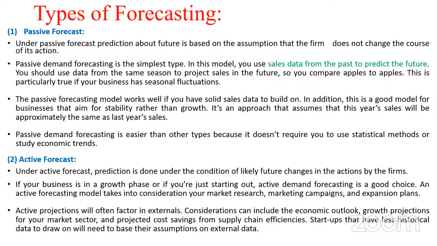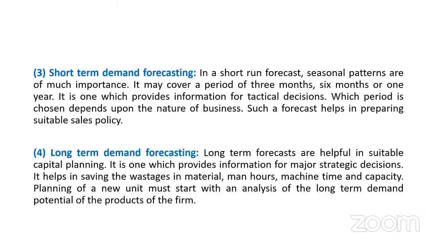This active forecast is required, not, like in the case of the passive, the past data. Here the data is not fixed as in the case of a passive one; the data will differ, because different situations bring different amounts of demand. But in passive, the demand remains constant. But in the case of an active, the demand changes according to the season, and according to taste and preferences and so on. Therefore, it requires some statistical method to analyze and predict the future data.